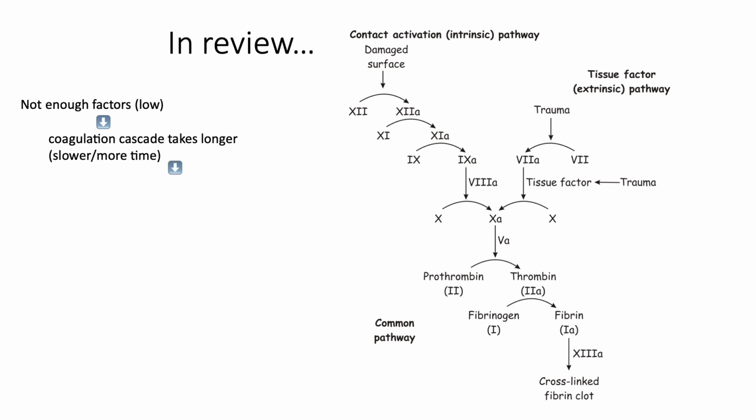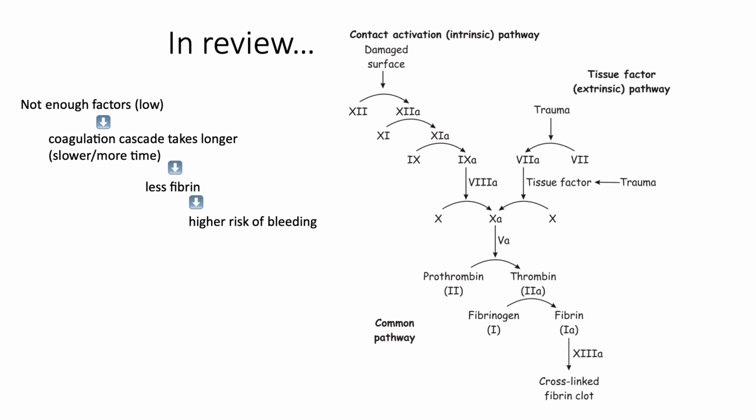And if this really important coagulation cascade is slower and takes more time, then we're going to produce less fibrin. And if I have less fibrin, I am less able to form clots. And if I'm less able to form clots, I am at higher risk for bleeding. So bottom line, what this should remind you of is fewer factors means higher risk of bleeding.